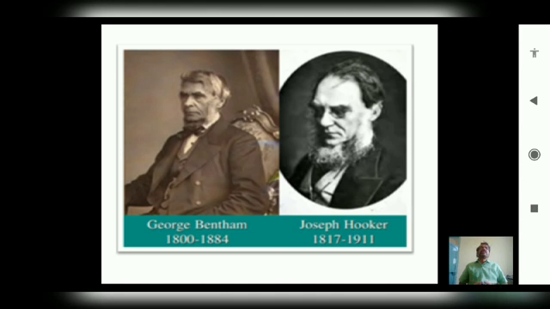Both have contributed a very good system of classification, which is also called a natural system of classification, because they took into account the natural affinities among the plants.